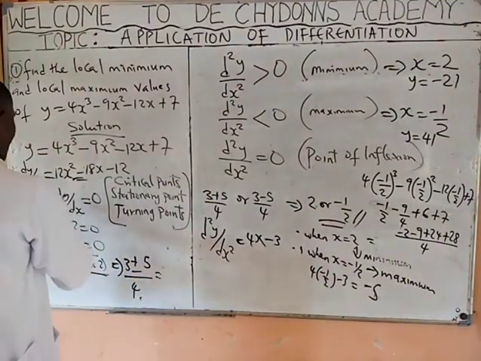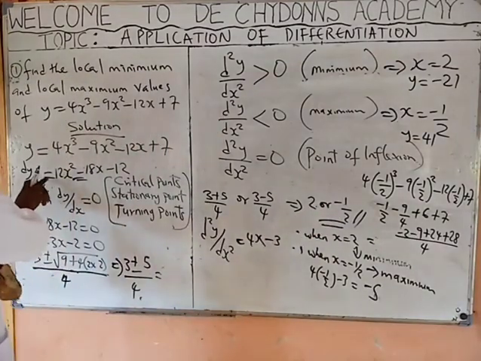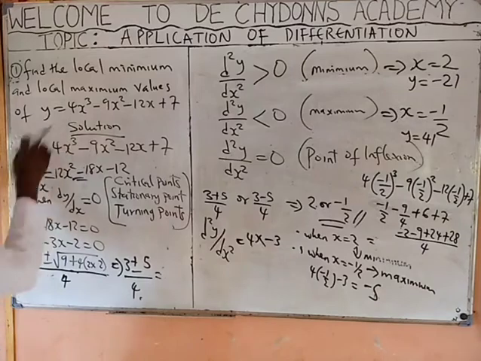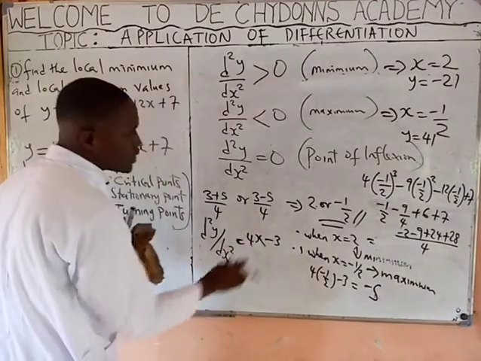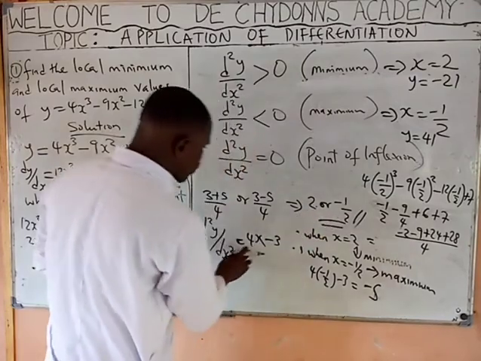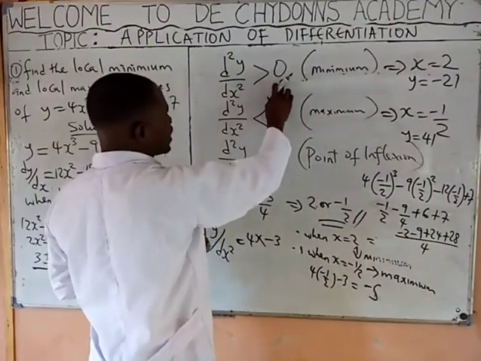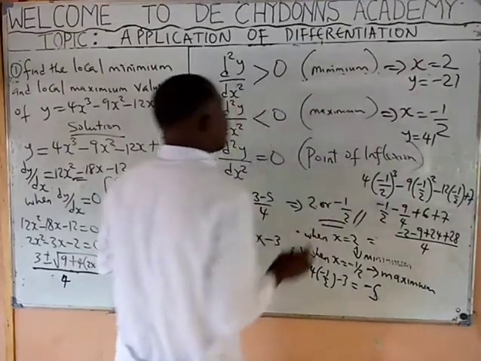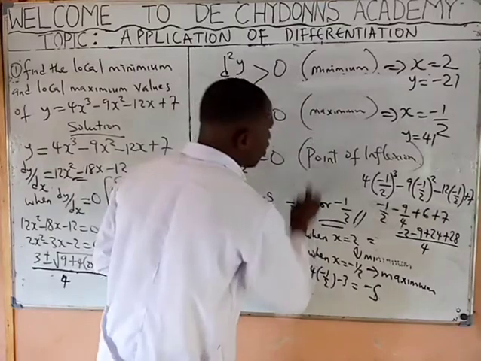When you get your dy/dx, keep the value, then differentiate that function again to get d squared y over dx squared. Whatever you get, carry these two values and put them in. The one that gives you an answer greater than 0 will be the minimum value, while the one that gives you an answer less than 0 will be the maximum value.